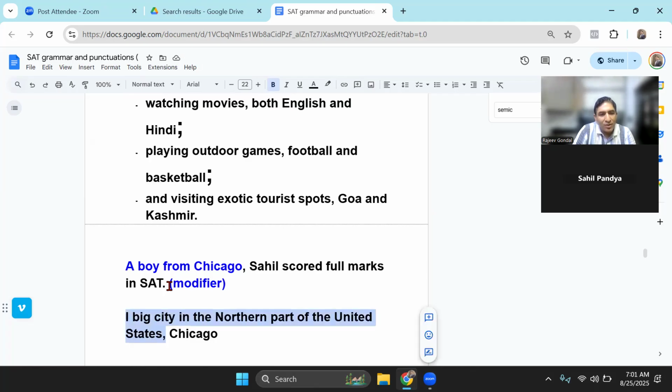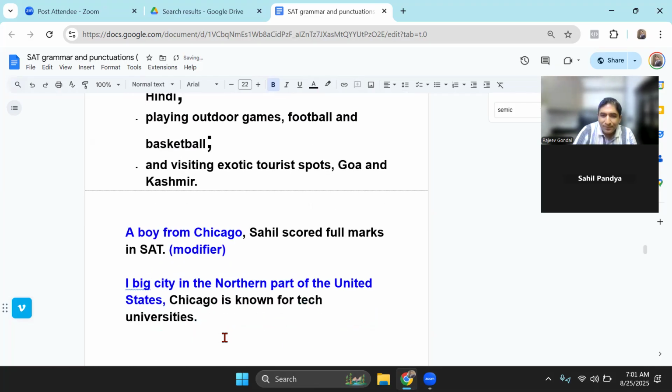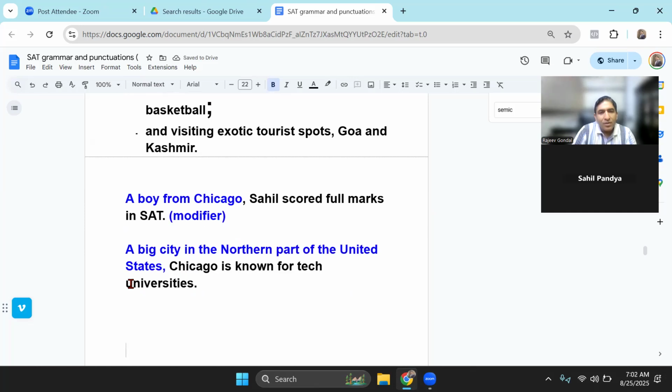The rule is that right after the modifier, you need the object modified. A big city in the northern part of United States, Chicago, is known for tech universities. Why am I writing I big city? It should be a big city, right? So you got it. This is what we call a modifier.